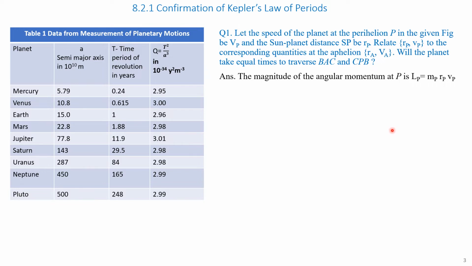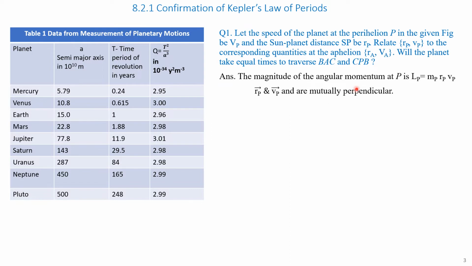So the distance PA is equal to 2a, where a is the semi-major axis, and BC is equal to 2b, where b is the semi-minor axis. So we have to relate the distance Rp and velocity Vp at P to the corresponding Va and Ra at point A.